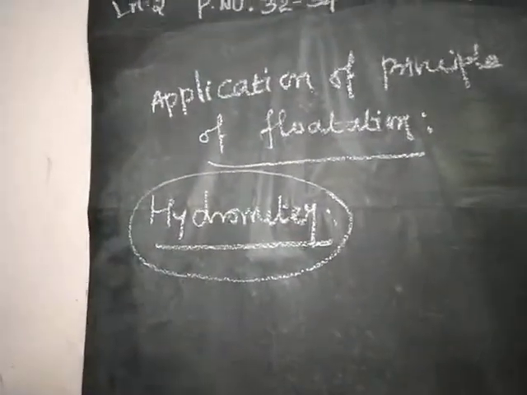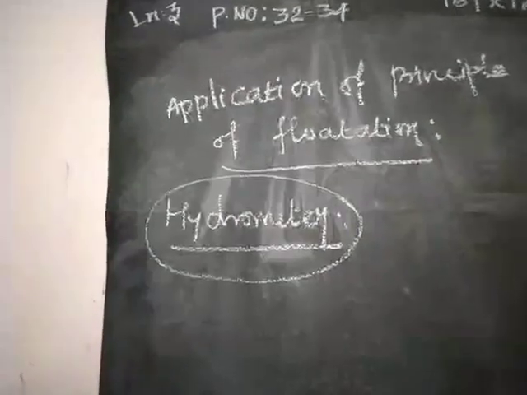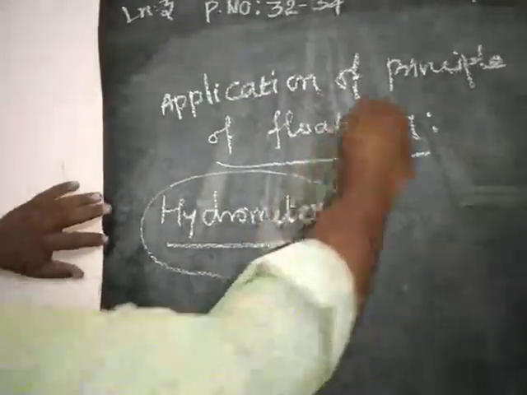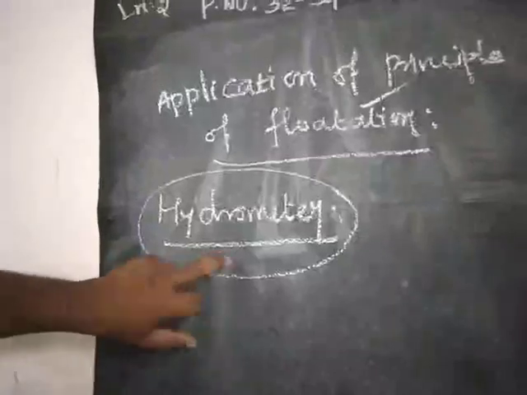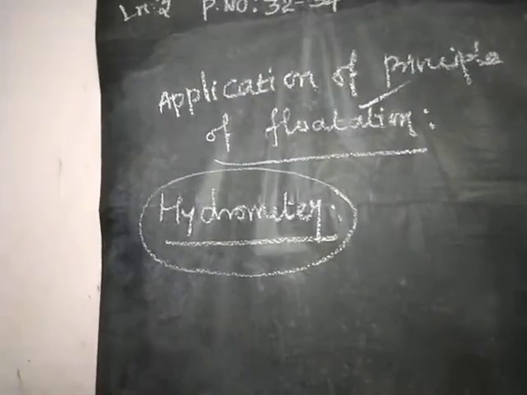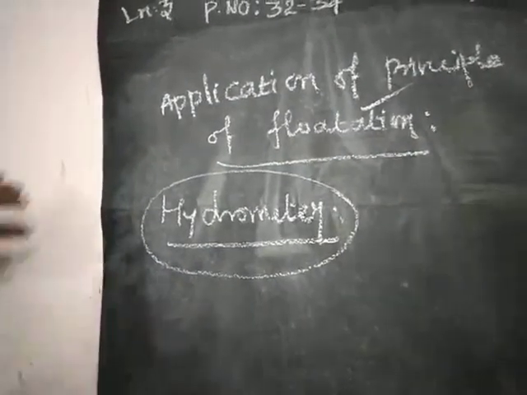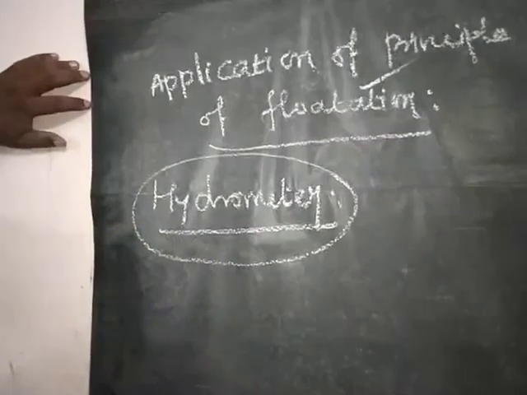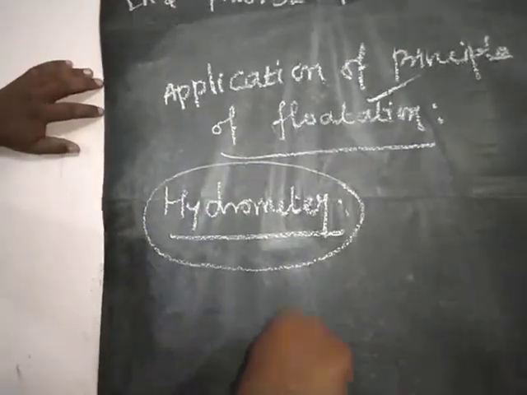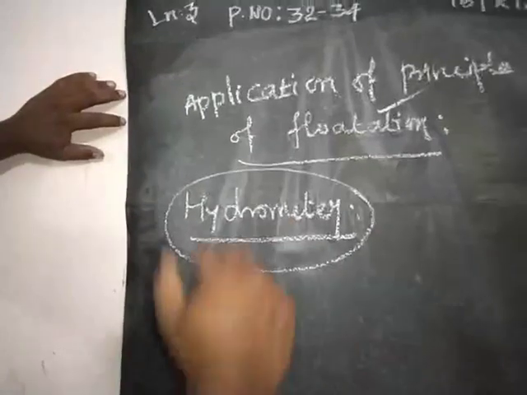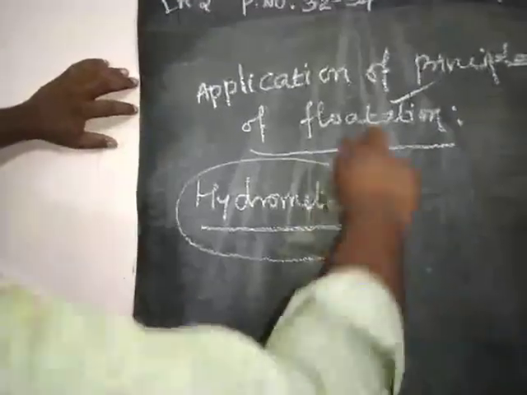Hydrometer is based on the principle of flotation. The weight of the liquid displaced in the jar is equal to the weight of the hydrometer.